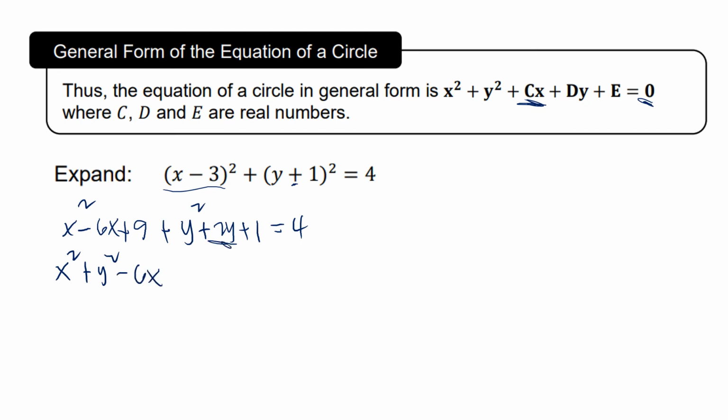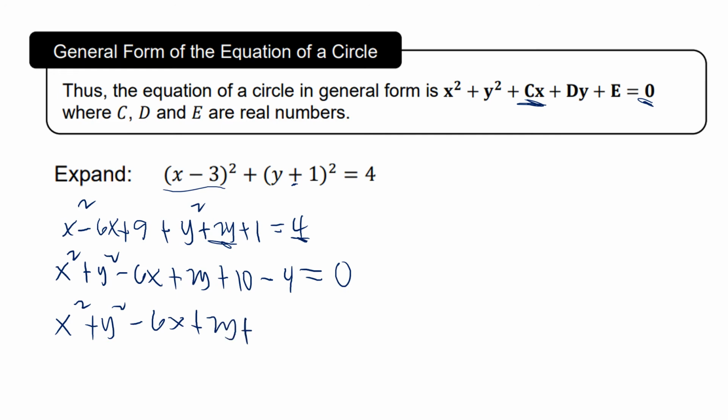Sunod, ito naman, positive 2y. Then ito, 9 plus 1 is 10. But you need to transpose this. This is negative 4 equals 0. So therefore, you are given x squared plus y squared minus 6x plus 2y plus 6 equals 0.